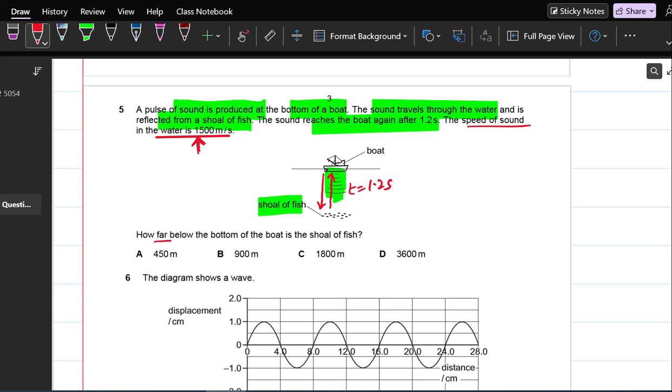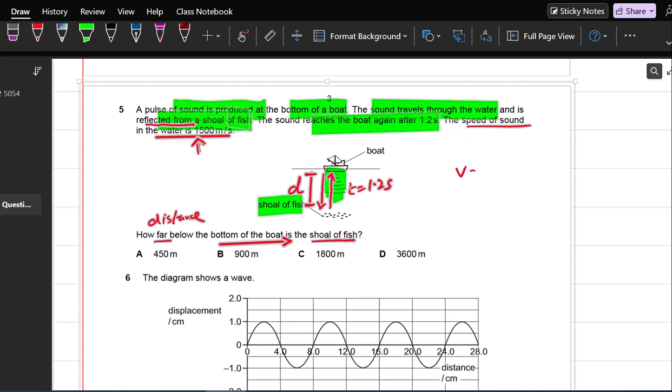How far means the distance between the boat and the shoal of fish below the bottom of the boat. Dear students, we have to find this distance. So the echo method is going to be applied because it is reflected.